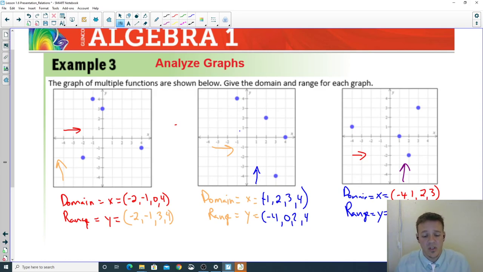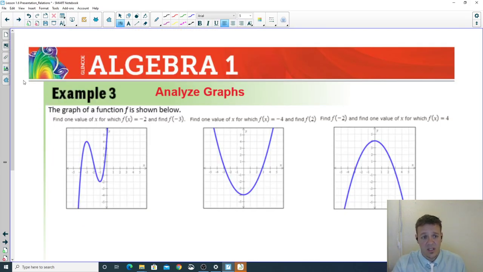Please make sure, guys, that you understand what the domain and the range are. Now we're going to talk a little about a relation and analyze these graphs. This was a more interesting and challenging representation, even for me.